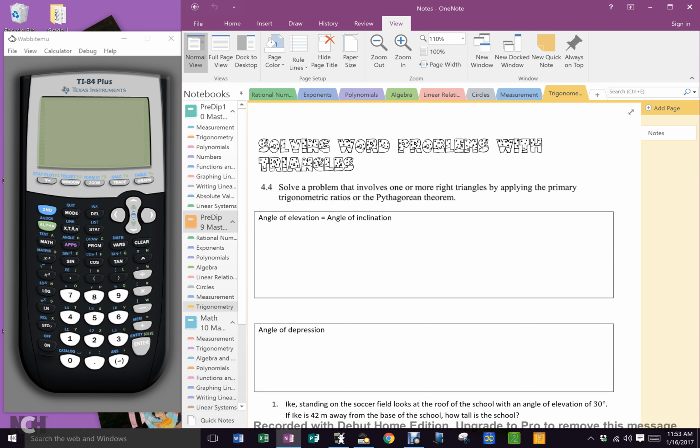What have you made between your arms? An angle. An angle of elevation, because I started at 0 and I went up. Where does the angle live? Right where my face is.